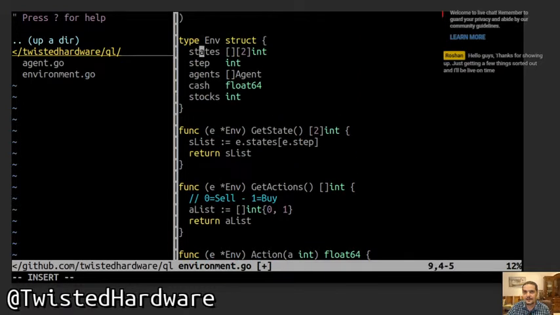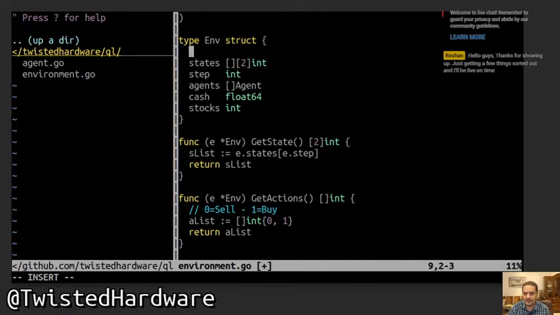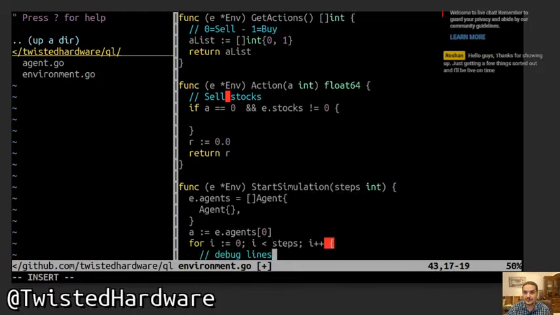Okay, I guess I could add one more thing in here. I'll call it prices, which is an array of float64. I will be using adjusted close, by the way, because we don't want to deal with dividends, stock splits or anything. So we'll just have the prices in here, just the raw prices.